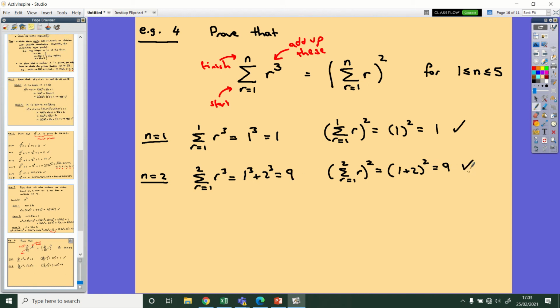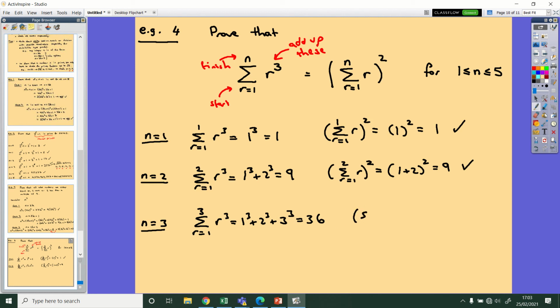I'm going to do 3, and I'll leave it to you as an exercise to finish off the last 2 cases as well. So when n is 3, we have the sum from 1 to 3 of r cubed. That's 1 cubed plus 2 cubed plus 3 cubed, and that is going to give you 36. I'm confident about that this time.